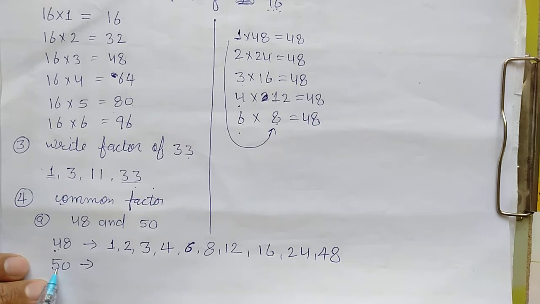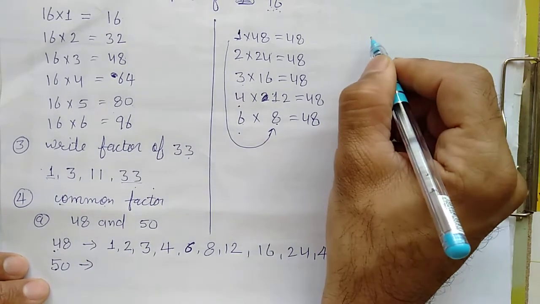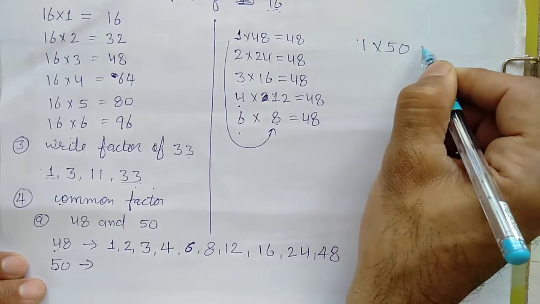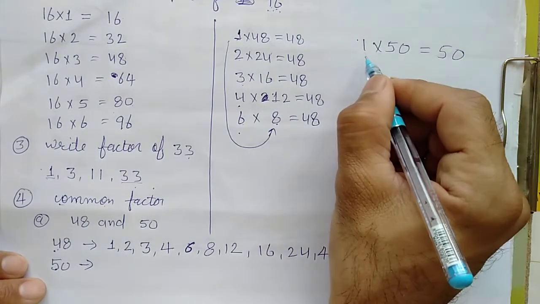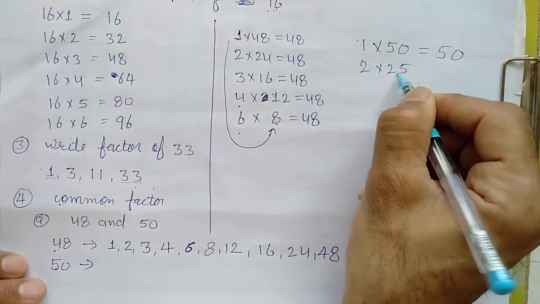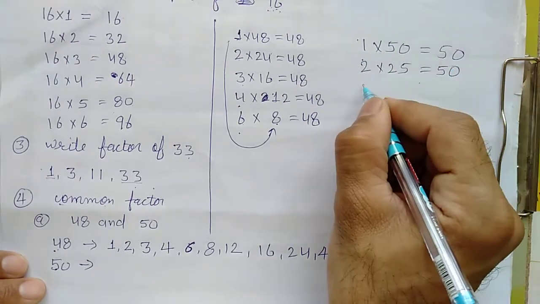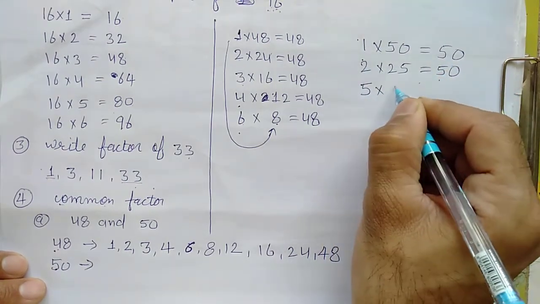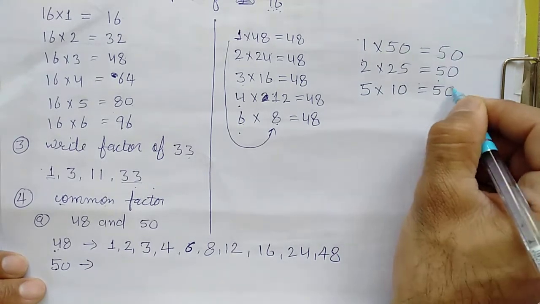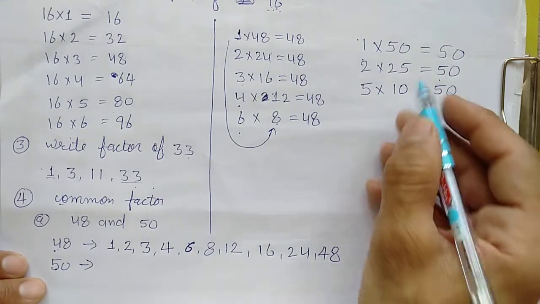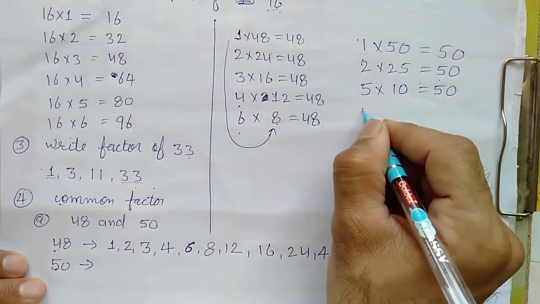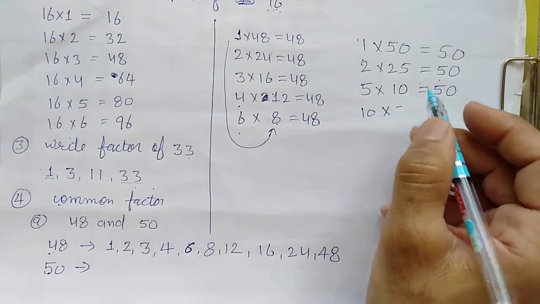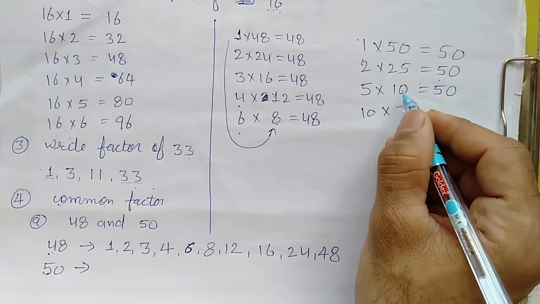Similarly for 50 also we will find. Factors of 50: 1 multiplied by 50 is equal to 50. Second, 2 multiplied by 25 is equal to 50. Then not divisible by 3, by 4. Now 5. 5 multiplied by 10 is equal to 50. 5 tens are 50. And now 10 multiplied by 5, which is already written.